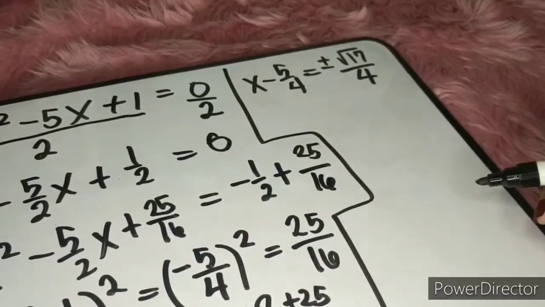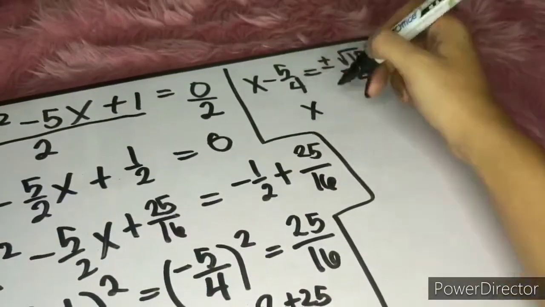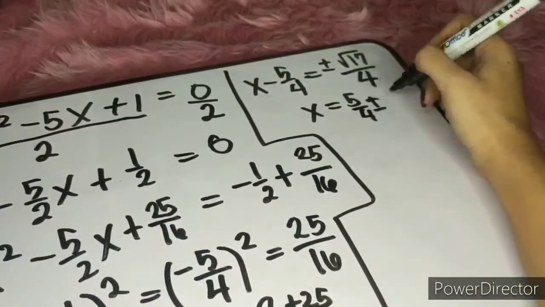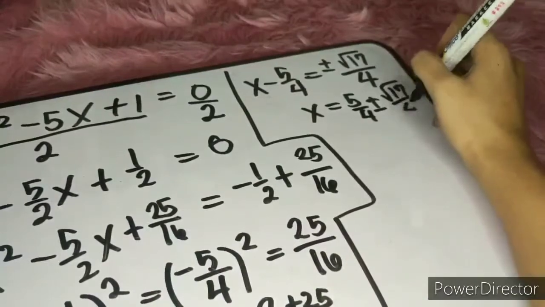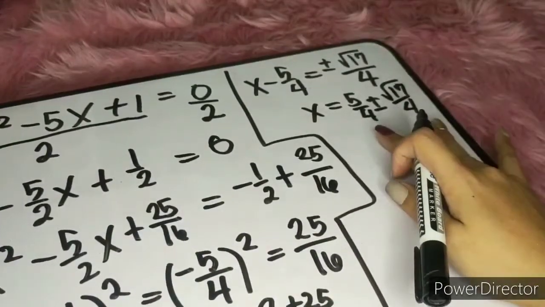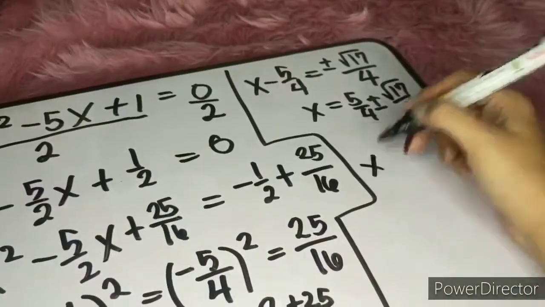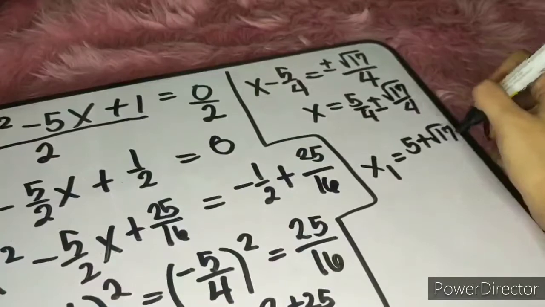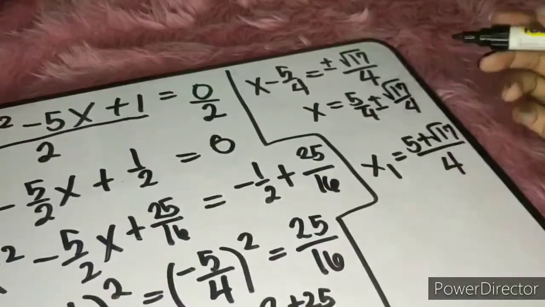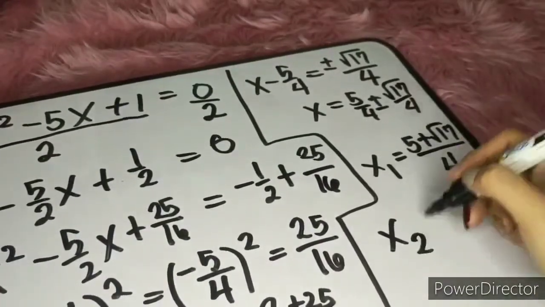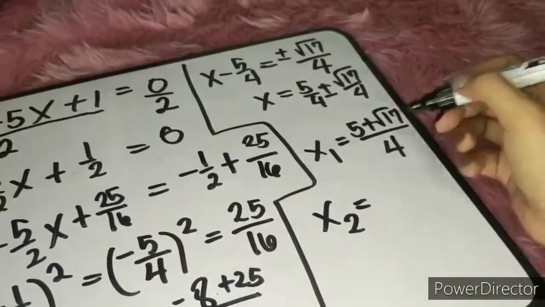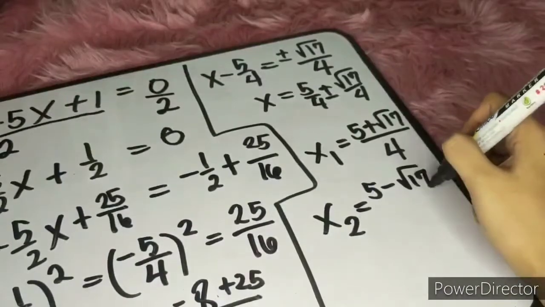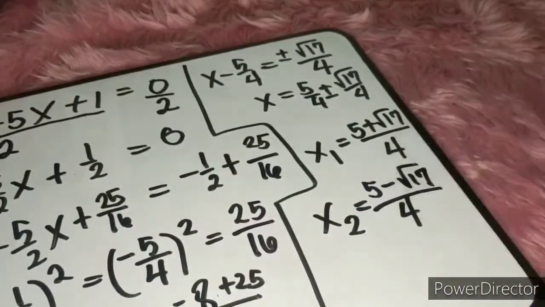But since I will be just transposing this, it will be x is equal to positive 5 fourths plus or minus the square root of 17 over 4. Usually they do have the same denominator. So when I write my x sub 1, that is 5 plus square root of 17 over 4, since they have the same denominator. And the second is 5 minus square root of 17 over 4.